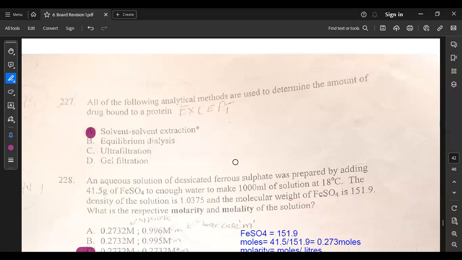So Hiral has sent the methods to the chat box. I hope that's enough.